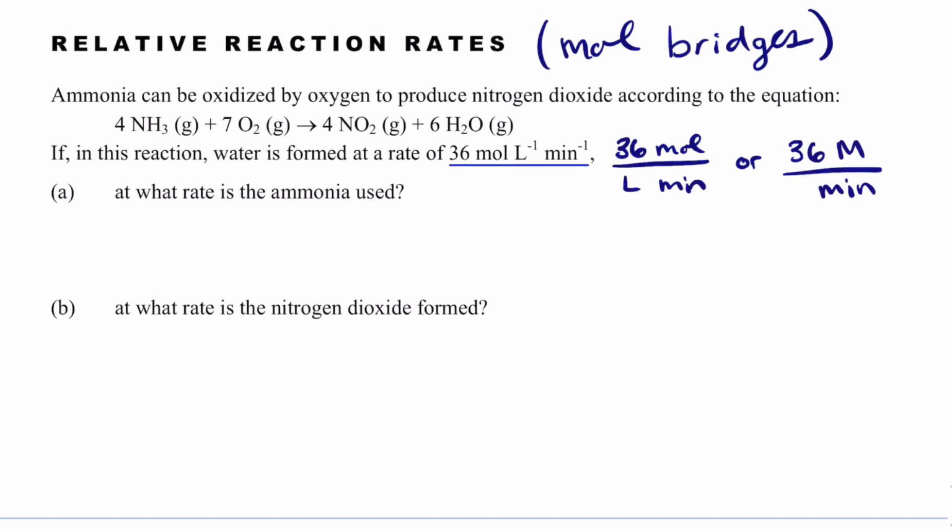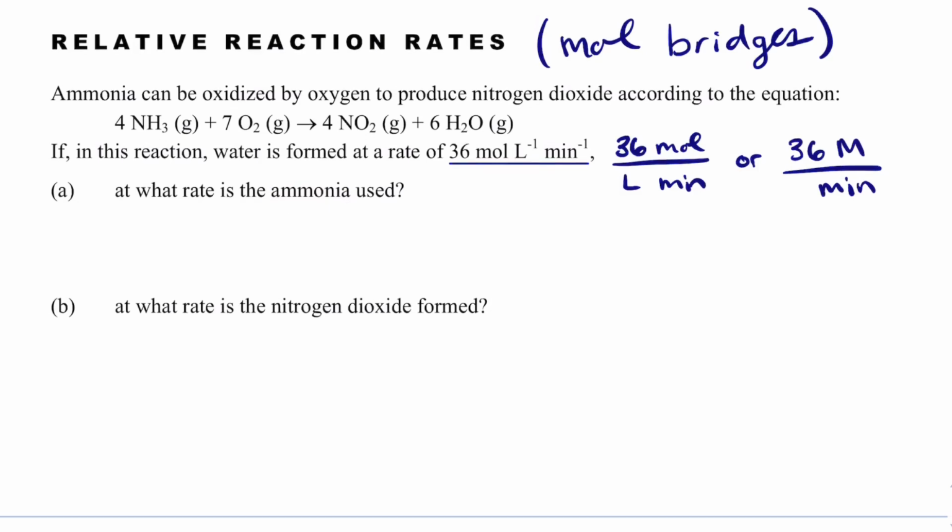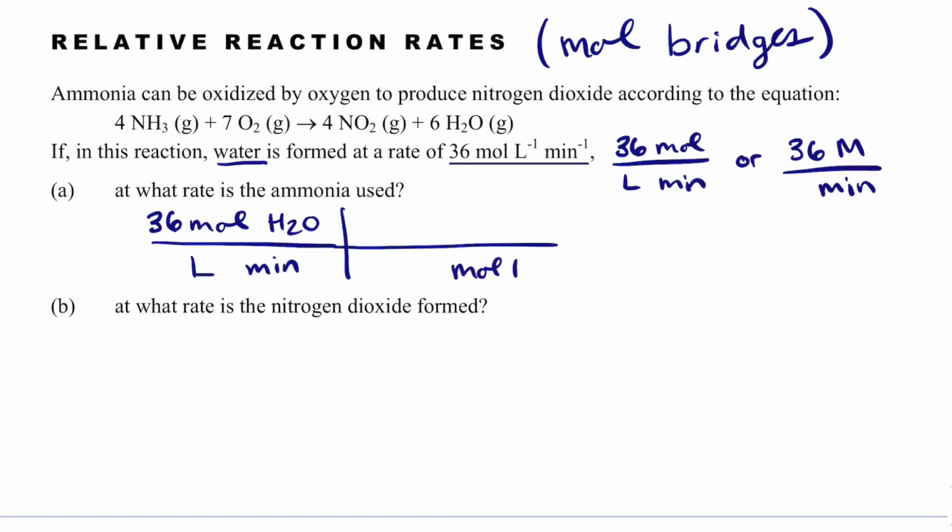Oftentimes we'll see seconds, but it's not uncommon to see minutes. And if I want to know about ammonia, all I'm going to do is just mole bridge. I've got 36 moles of H2O for every liter per minute, and I'm going to go from moles of H2O to moles of ammonia, NH3.